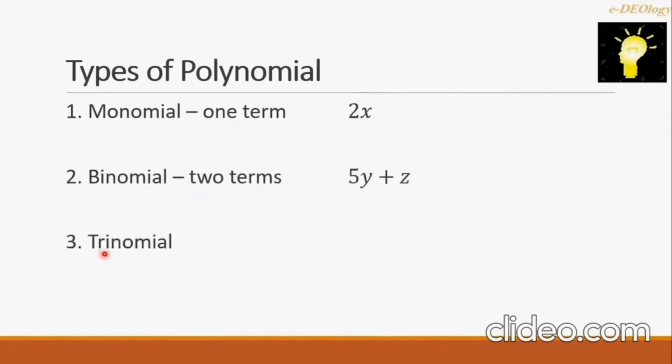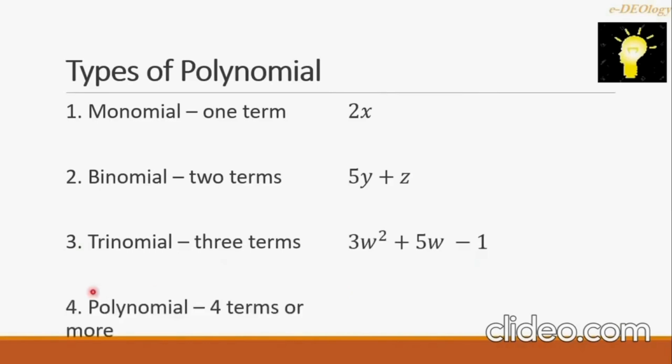The prefix tri denotes 3. Example is 3w squared plus 5w minus 1. For a polynomial with 4 terms or more, we use the general term polynomial. As an example, we have x cubed plus 3x squared minus 5x plus 2.